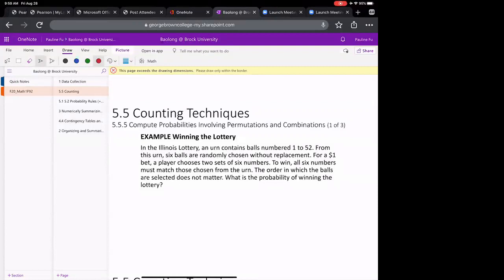To win, all 6 numbers must match those chosen from the urn. The order in which the balls are selected does not matter, so we should use combination. The question is, what is the probability of winning the lottery?